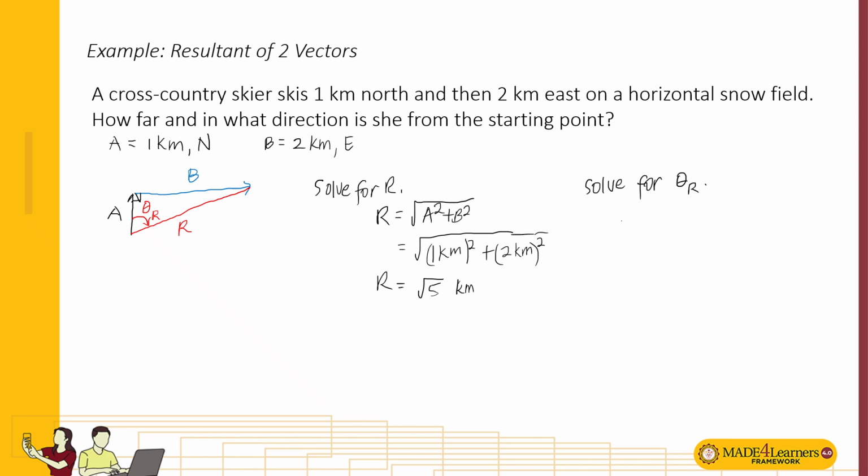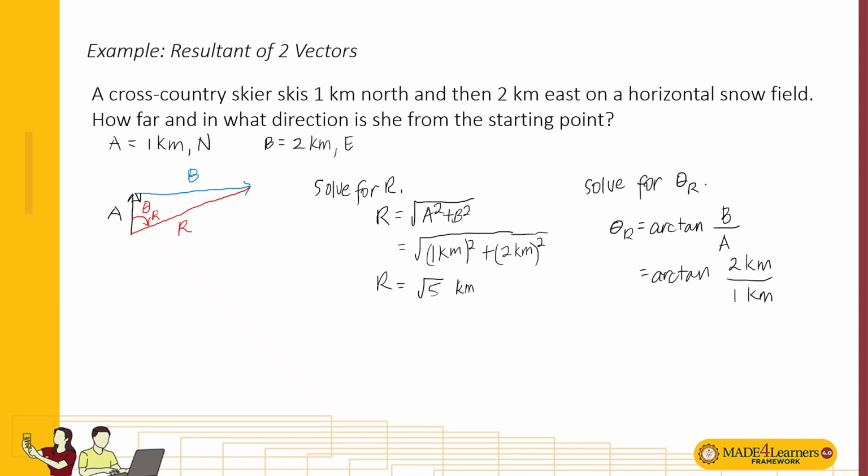So theta sub r would be arctangent of B, the opposite side, over A, the adjacent side. So arctangent of 2 kilometers over 1 kilometer, or arctangent of 2.